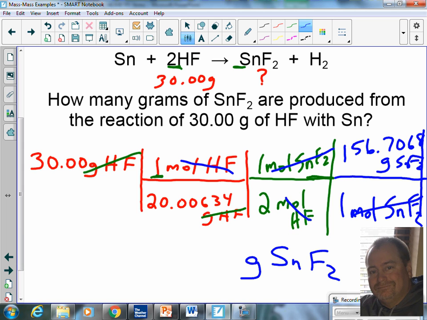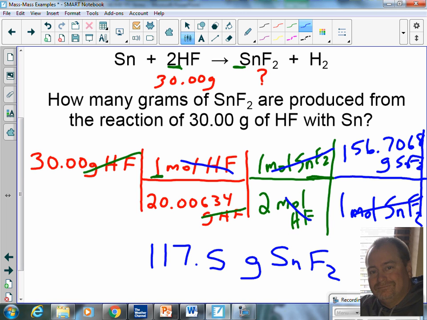I was running out of room. Now, how many sig figs do I have? I have 4, don't I? So make sure you're aware of that. So, when I come up with my final answer, everything on the top is multiplied.